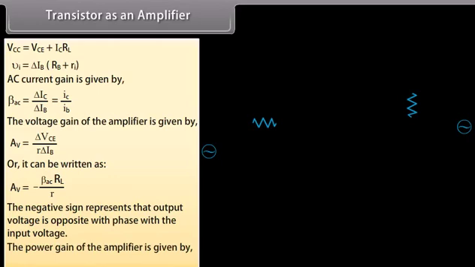The power gain of the amplifier is given by AP is equal to the product of beta AC and AV.